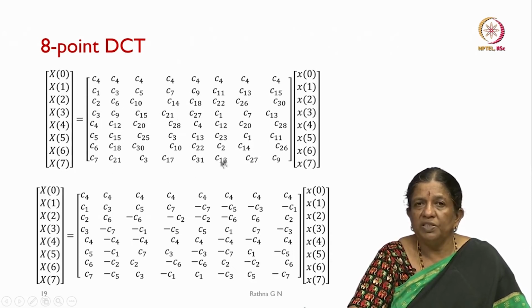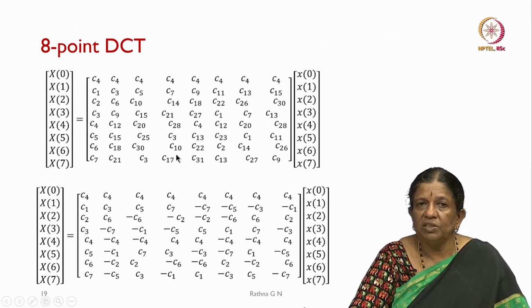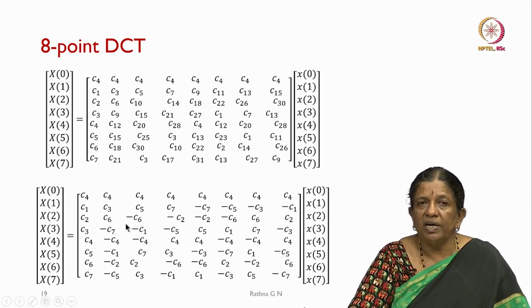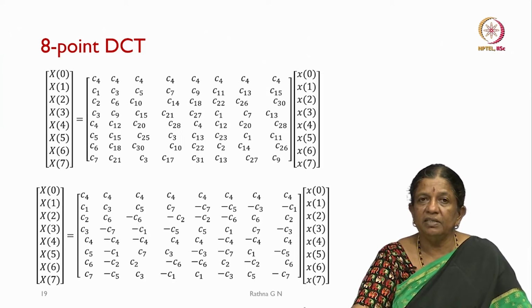So, all the coefficients you can write in this fashion, and later we will look into the symmetry. We will be reorganizing, you will be seeing that C10 is going to be minus C6. So, how many coefficients do I need here? Can you guess?